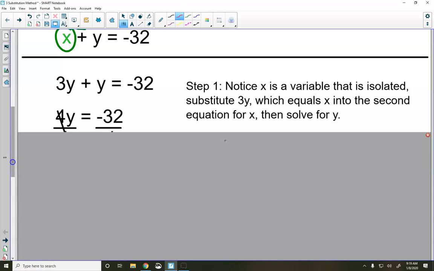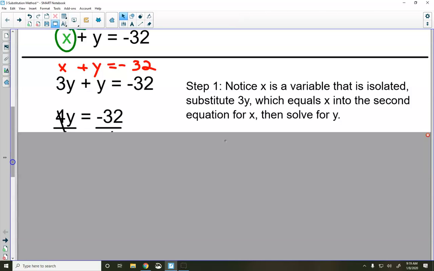That initial equation was x plus y equals negative 32. So all I did was change that first x with 3y. The reason we do that is because now I have an equation with just y's. I have a single variable equation, which we know how to solve.